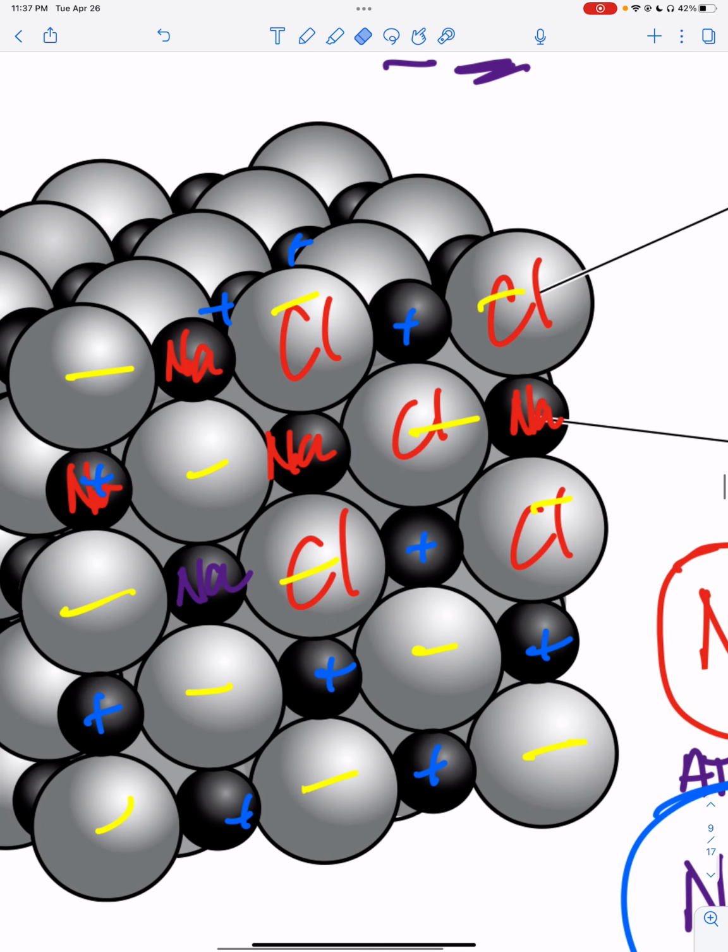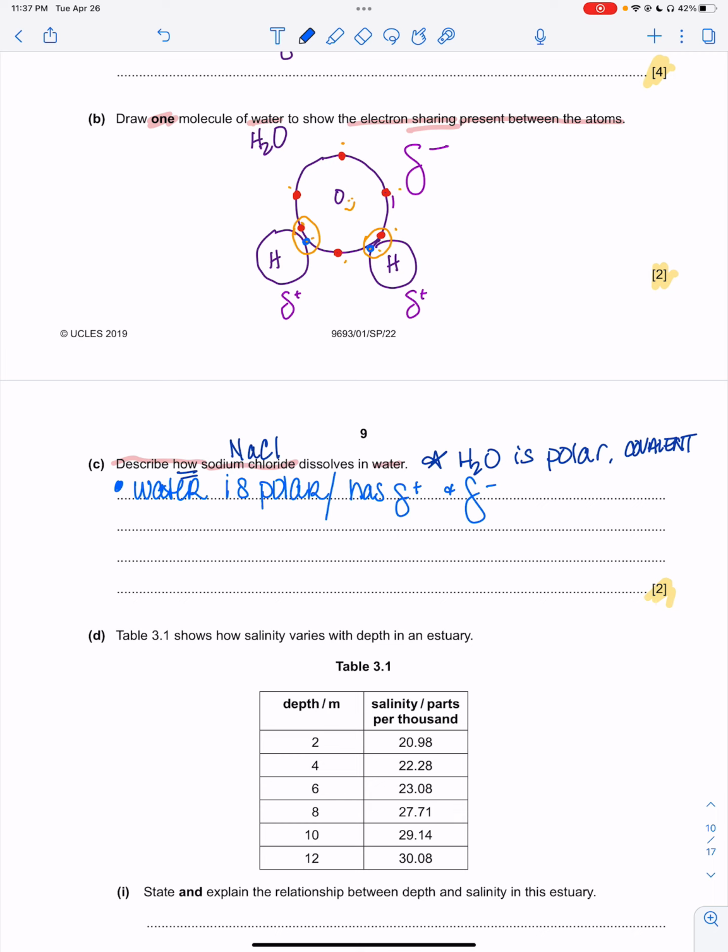Okay, so water is polar. Or you can mention that it has partial positive and partial negative charges. Oh, excuse me, and you can do a reverse argument with the next mark.